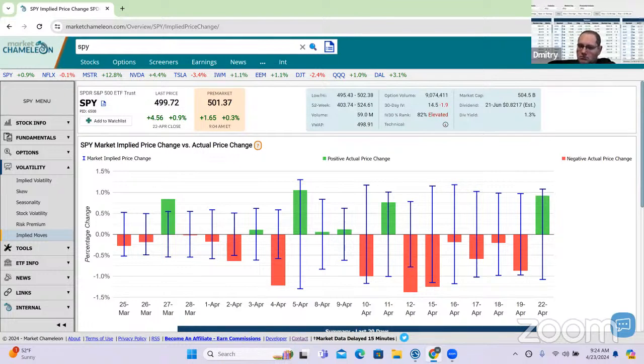So we look at where the options go out at the end of the day, because at the end of the day, that entire day of trading is done, and the options are basically forecasting future volatility going forward to the next day. That's why we use end of day implied volatility. Where did it close after a full day of trading, and then what did the market do the next day?